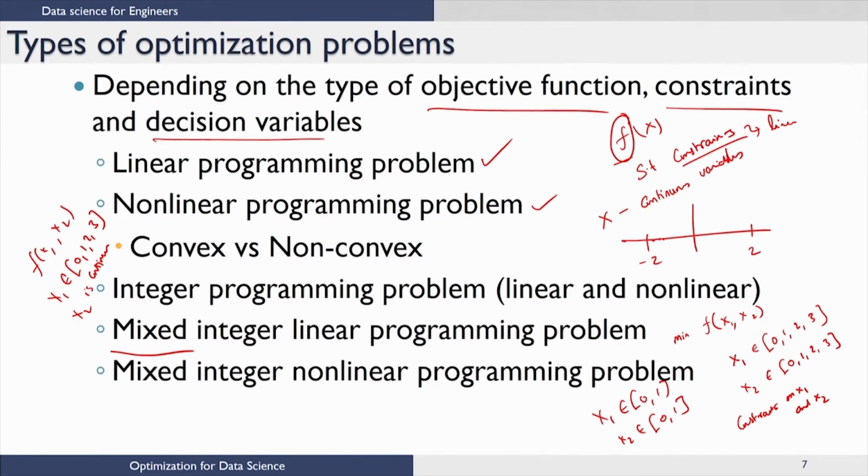Now, these types of problems have been solved and are of large interest in almost all engineering disciplines. So, we typically solve these problems, for example, in chemical engineering, routinely for optimizing, let us say, refinery operations or designing optimal equipment and so on.